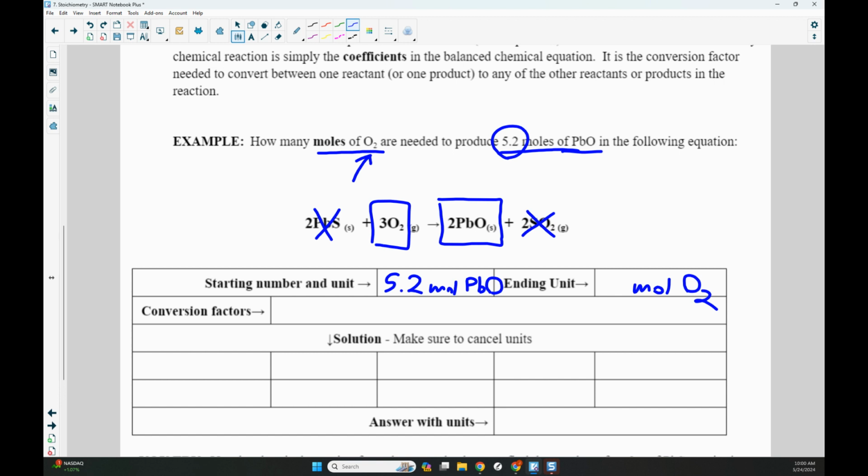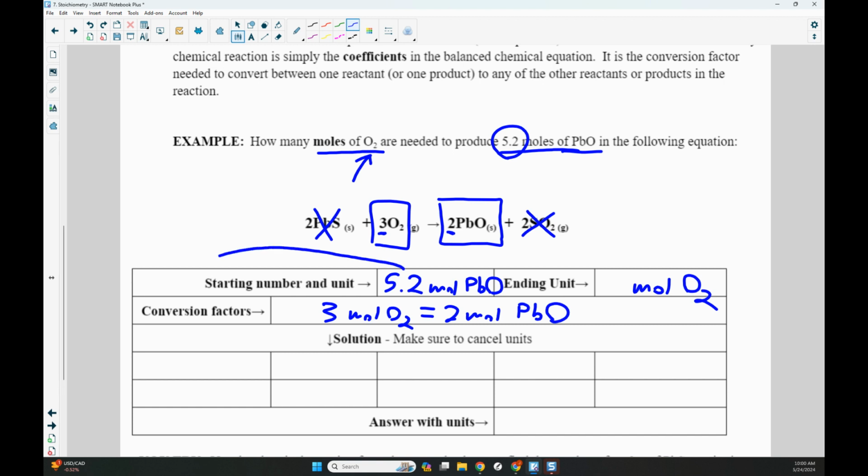This one is. So we're going to focus in on the coefficients, and our relationship is that for every 3 moles of oxygen, we're going to have 2 moles of lead oxide. So we have a 3-to-2 mole ratio, and that's our conversion factor, and that's what we're going to plug into the train tracks down below.